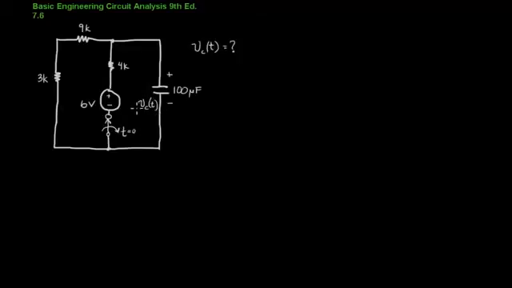Keep in mind that you could be asked to solve for a current here, and that would be fine, but the initial conditions for a capacitor would indicate that you want to solve for the voltage across the capacitor. And if it's an inductor, you want to solve for the current through the inductor.